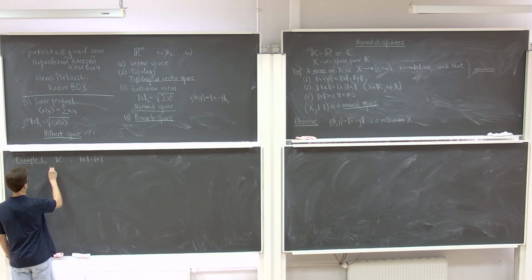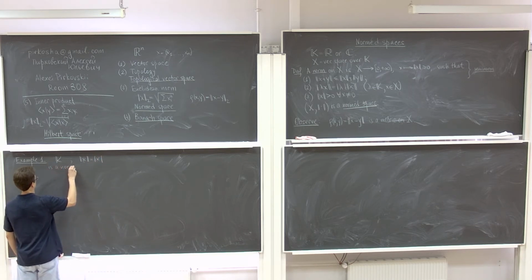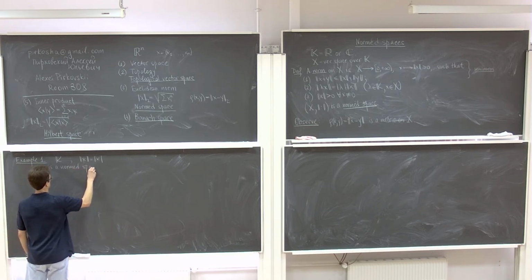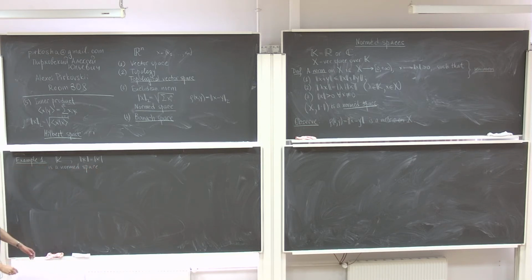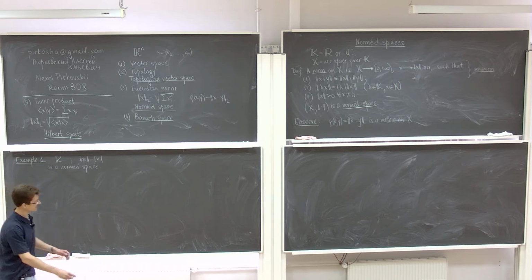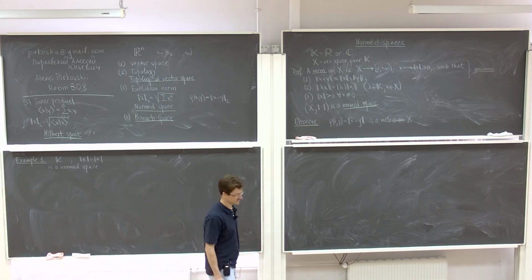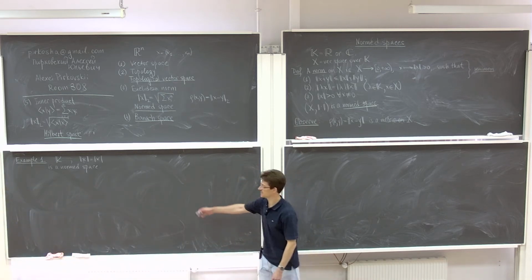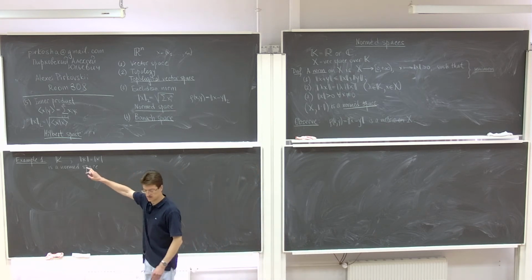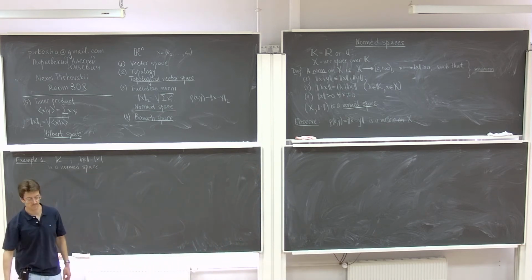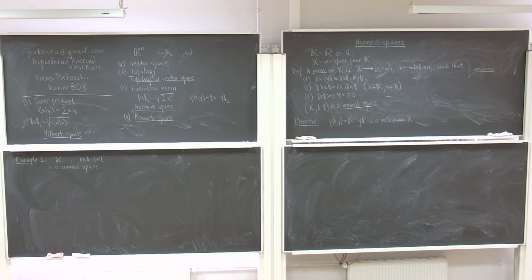So this is a normed space. And by the way, it's easy to deduce from our axioms that this is essentially the only norm on K, that is, the only norm up to a multiplicative constant.